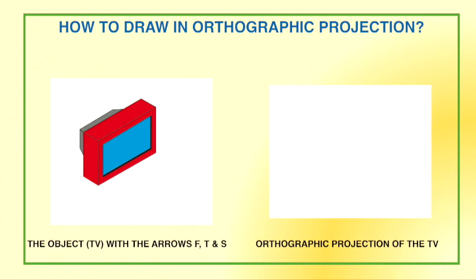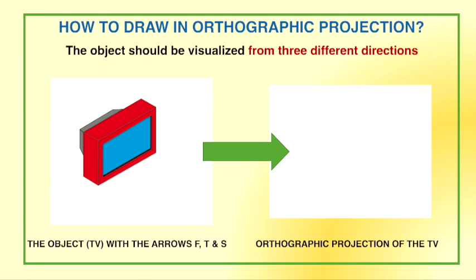How to draw in orthographic projection? The object should be visualized from 3 different directions. When we look at the object from the front, in the direction of arrow F, we get the front view.